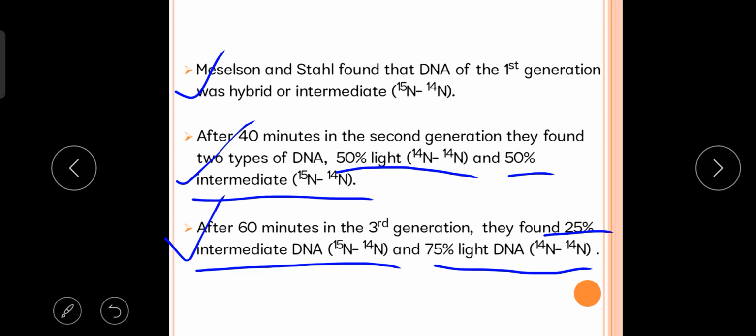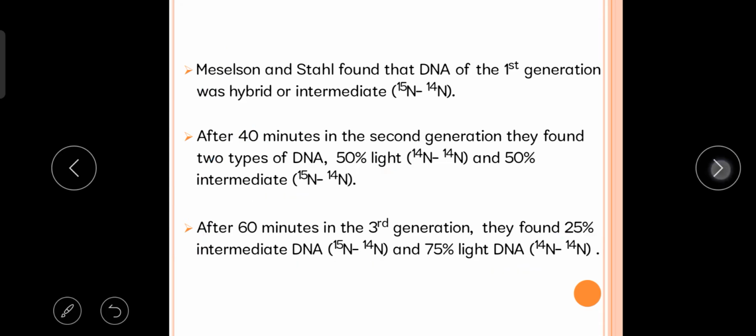That means you can see here gradually the number of light DNA molecule increases in every generation, that means the DNA with light isotope increases, whereas the DNA with heavy isotope decreases. Okay, now let's move to the next slide.